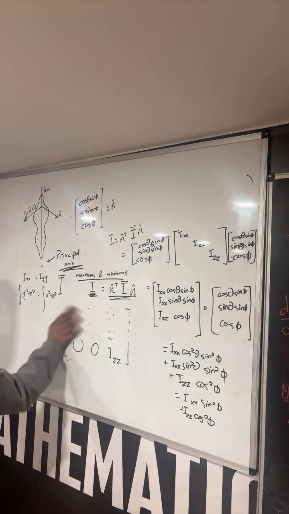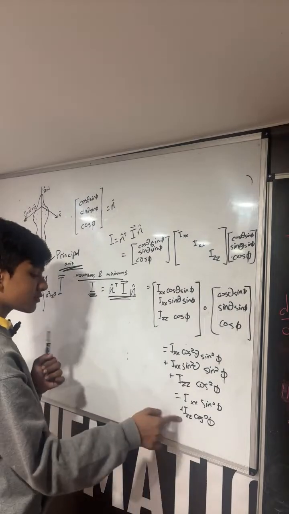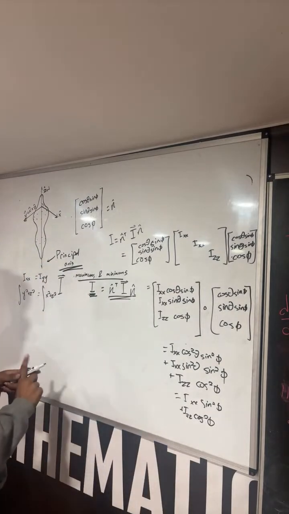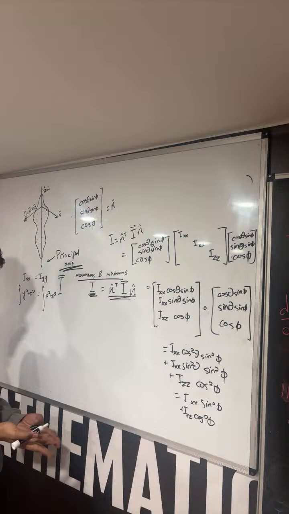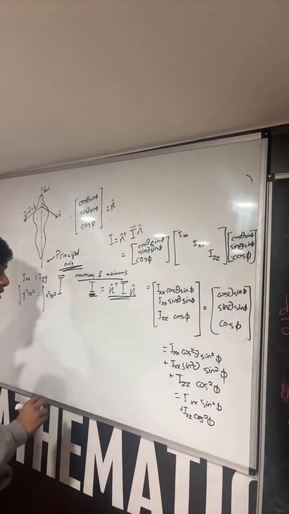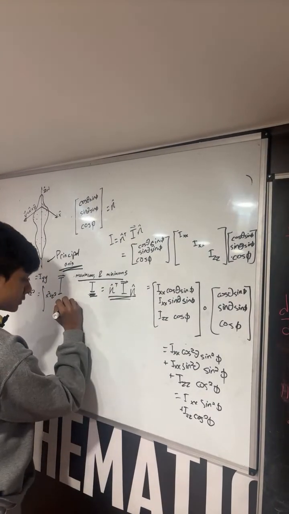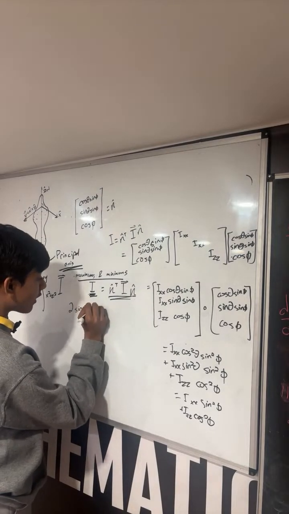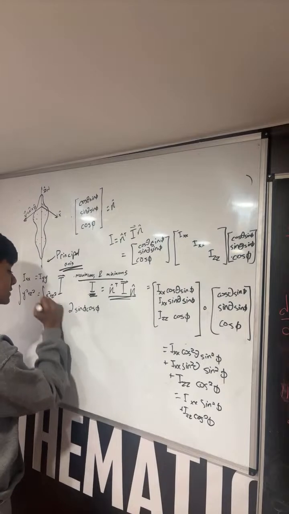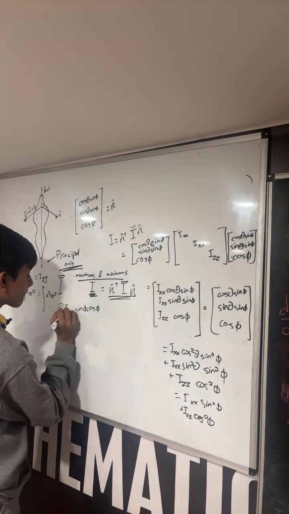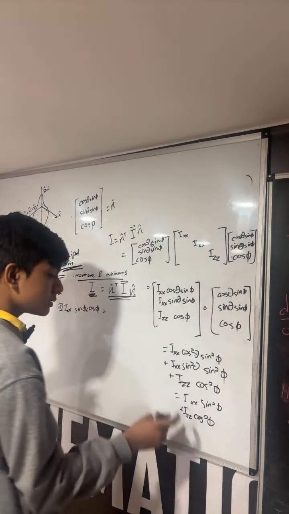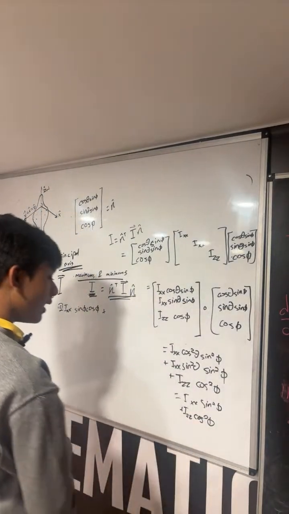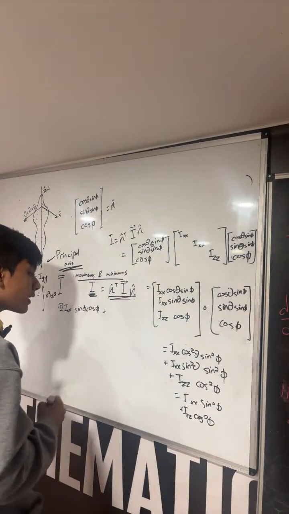Now, you look at where the maxima for this is located. So to do that, you take the derivative, which gives you by the chain rule 2 sine phi cosine phi multiplied by IXX, plus, well, what's this going to be? IZZ cosine squared phi.